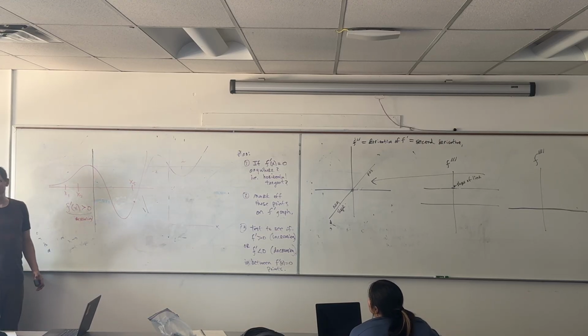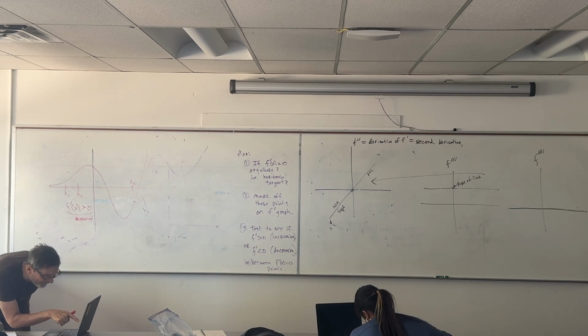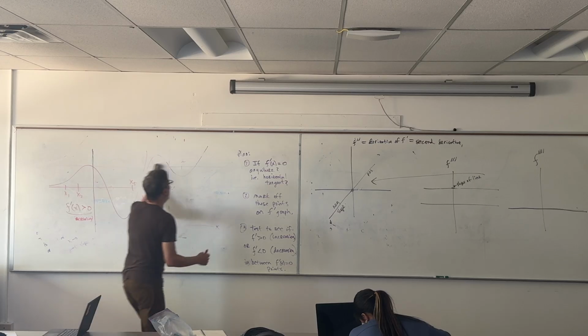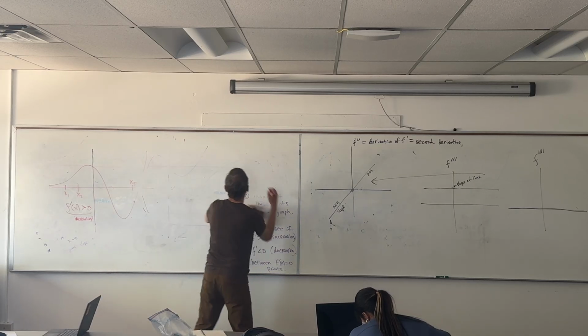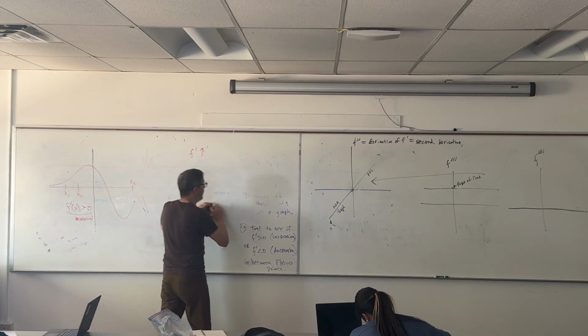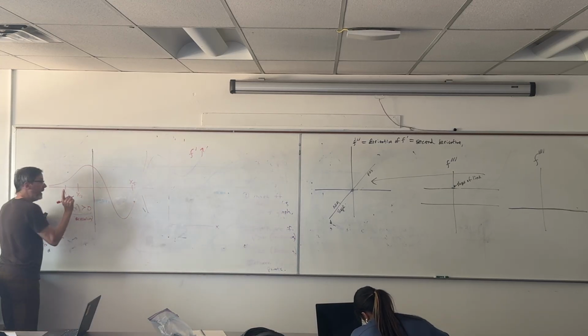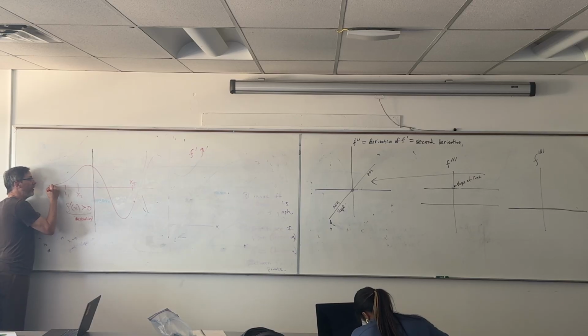Then the next question asks something very tricky. Number D, what does it say there? Oh yeah, F prime is increasing where? So let's talk about that. So F prime increasing, what does that look like? That means that my tangent slopes are increasing as I move to the right.